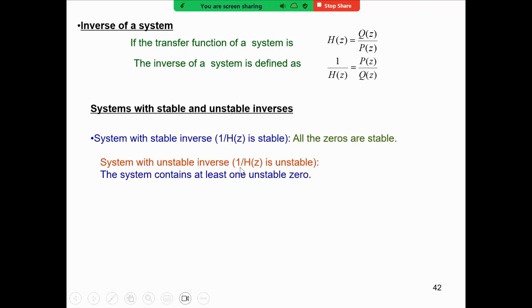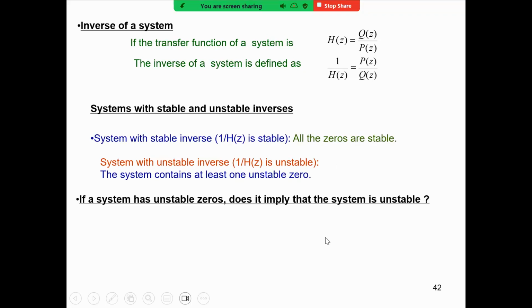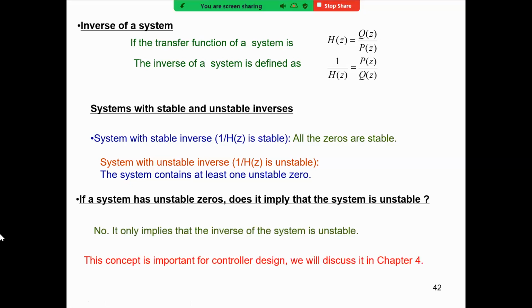The system with unstable inverse means that the system contains at least one unstable zero. Now, by this definition, if a system has unstable zeros, does it imply that the system is unstable? No, it just says the zeros are unstable, okay? The concept is important for controller design. We are going to use it in chapter 4.